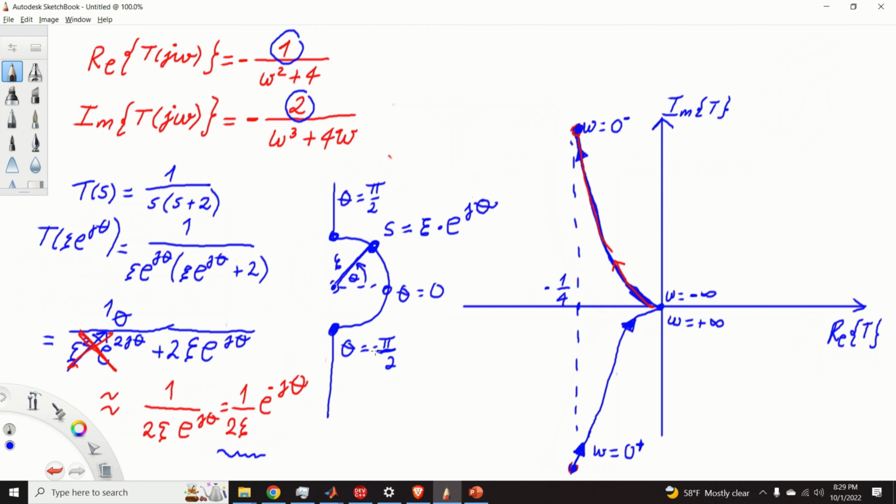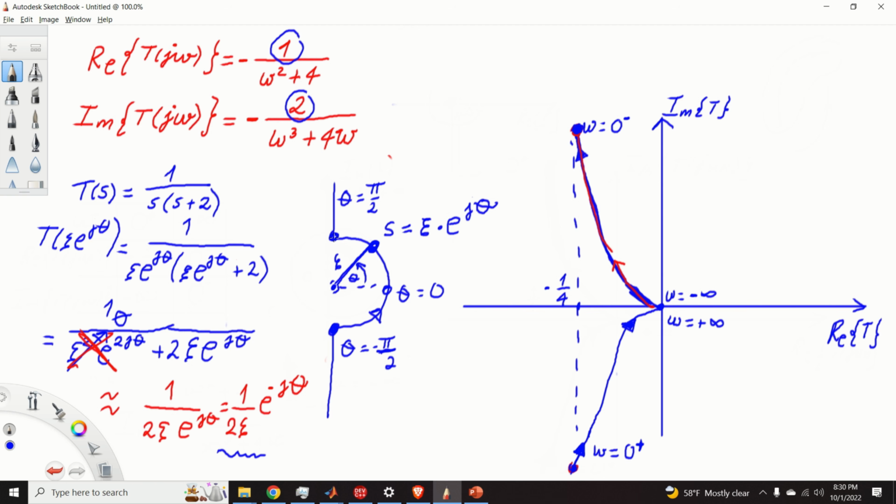When theta is equal to minus pi over 2, the phase of this complex function is pi over 2, that is, it's equal to 90 degrees. So everything matches perfectly. So the phase of the Nyquist plot over here is 90 degrees. So we are at the correct spot.